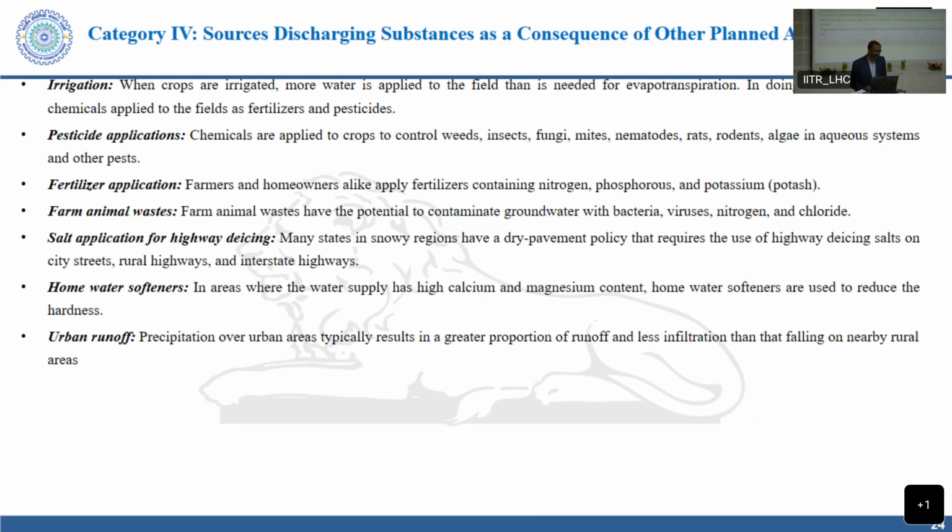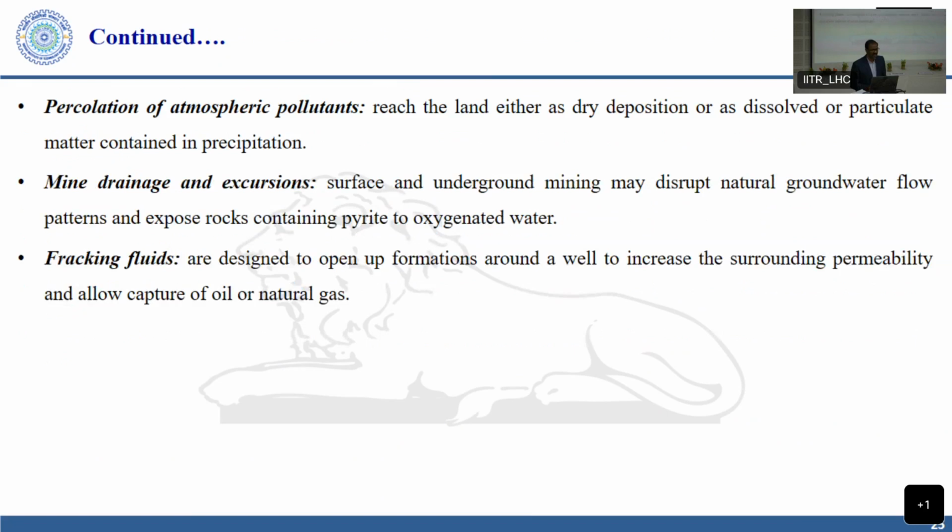Home water softeners: in areas where the water supply is very high in calcium, that is hard water with high calcium and magnesium content, in that case, to reduce the hardness, they use softeners here. Urban runoff: precipitation over the urban area typically results in a greater portion of runoff and less infiltration than falling on the nearby rural area here. This is the percolation of atmospheric pollutants.